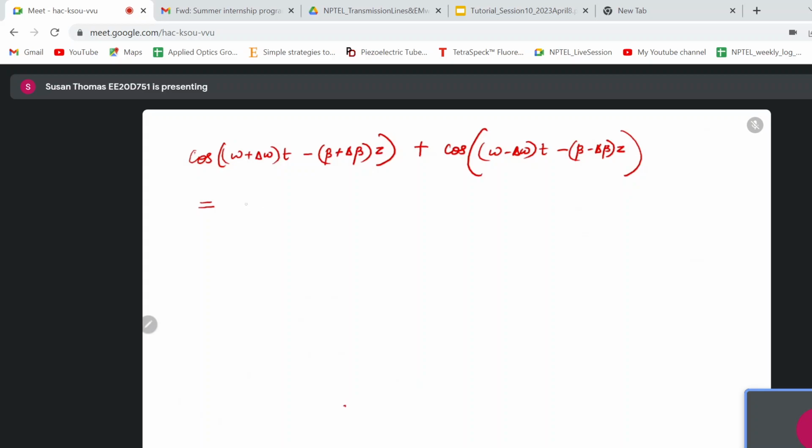This reduces to 2 cos(omega t minus beta z) cos(delta omega t minus delta beta z).